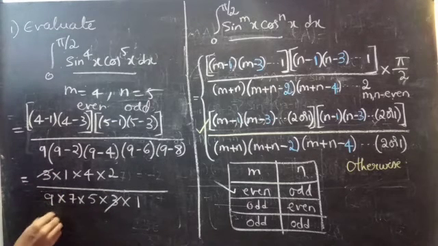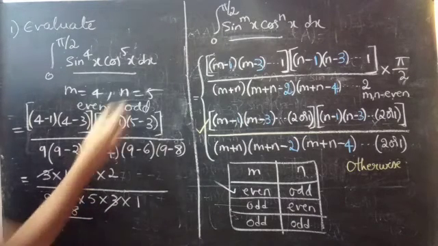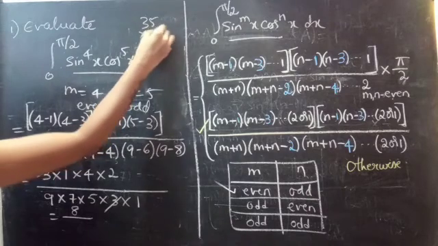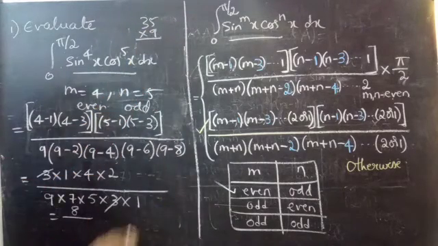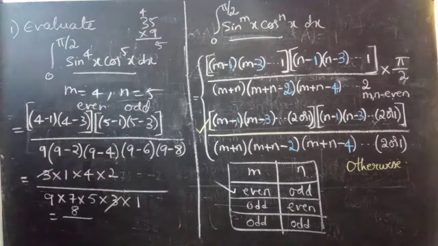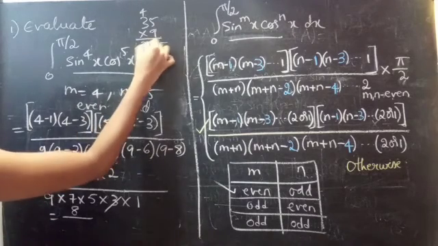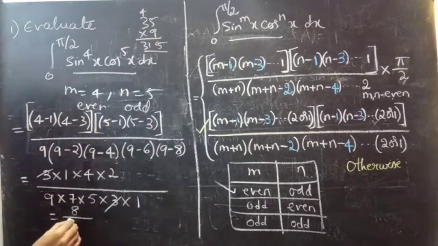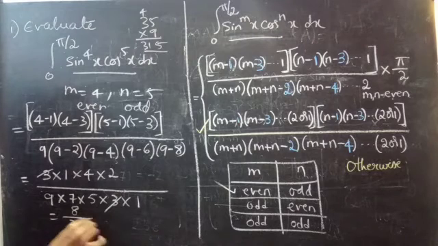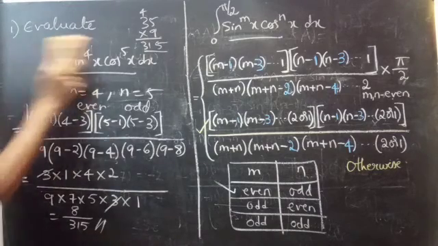Now this equals 4 twos are 8 over 7 fives are 35, 35 into 9. 9 fives are 45, 9 threes are 27, 27 plus 4 is 31. So 315. 8 by 315 is the answer. Next problem.